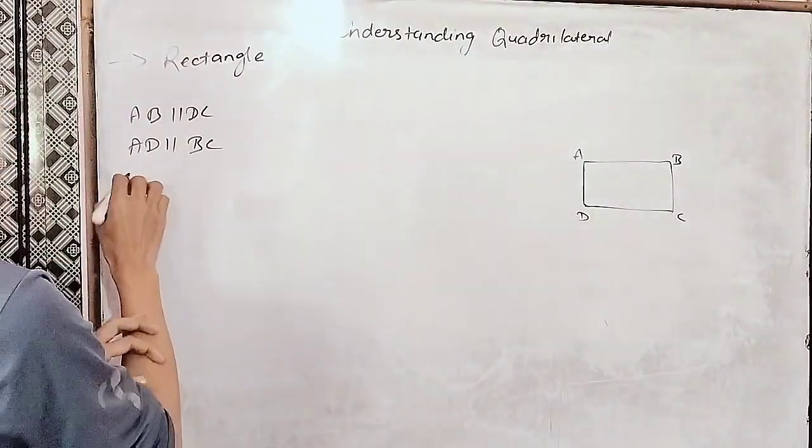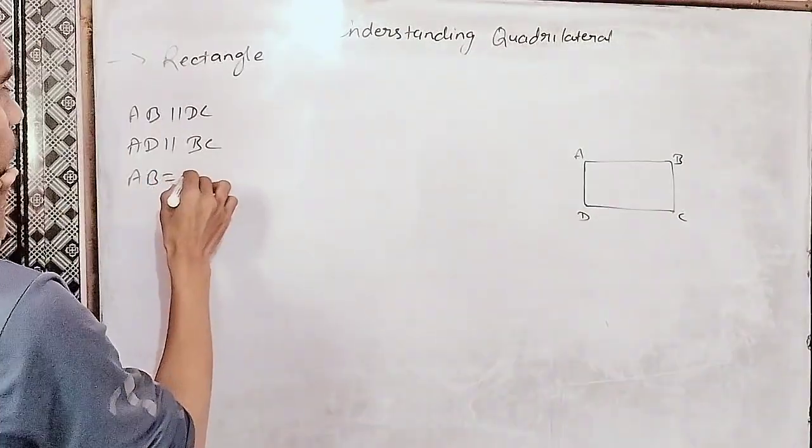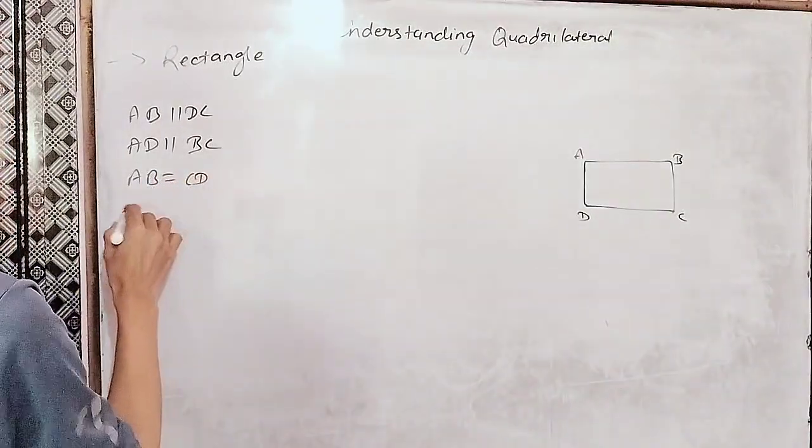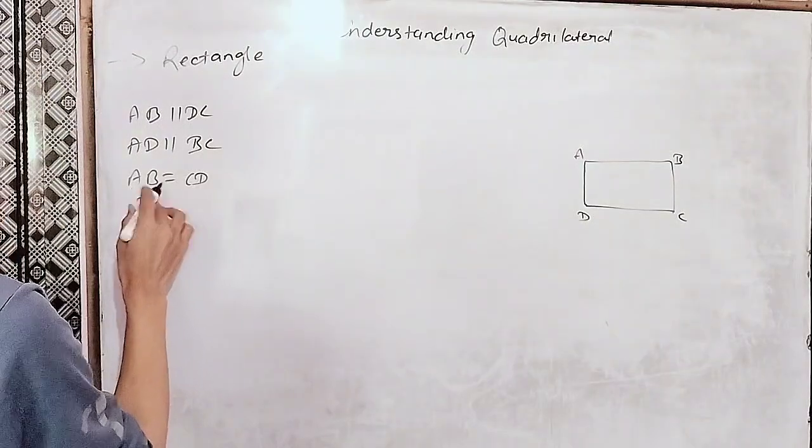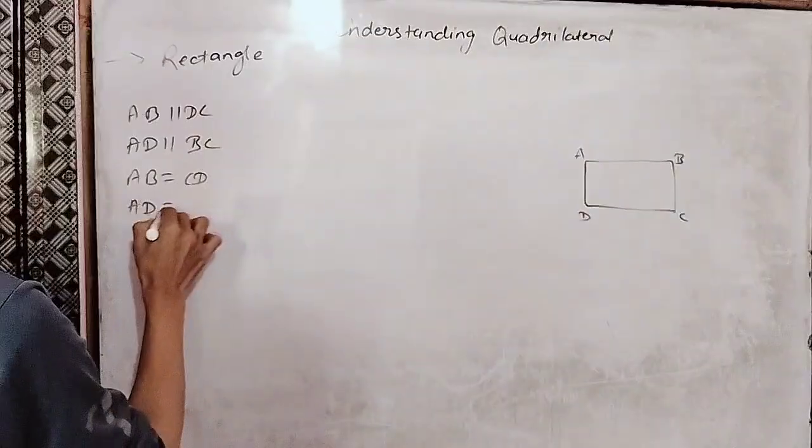So the value of AB is something, so the value of CD will be the same. The value of AD is something, so the value of BC will be the same. Clear?